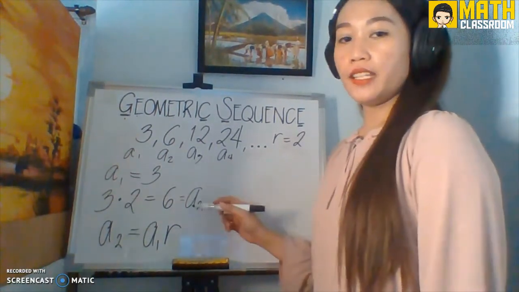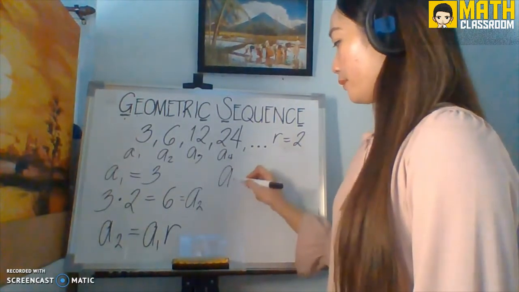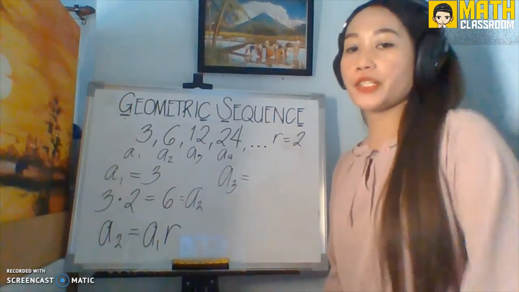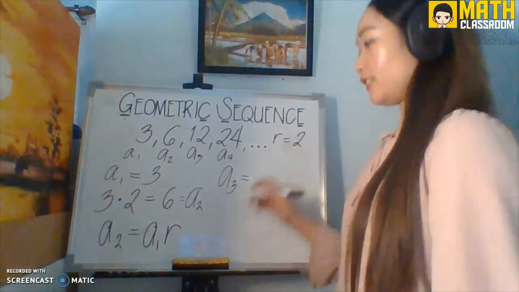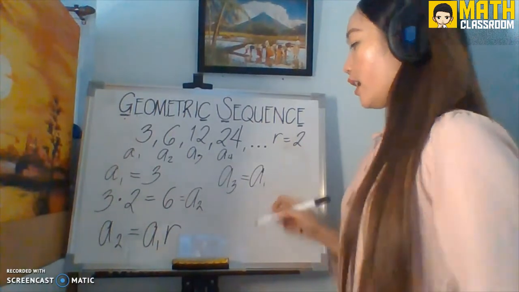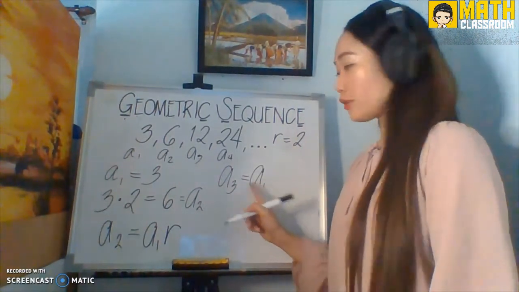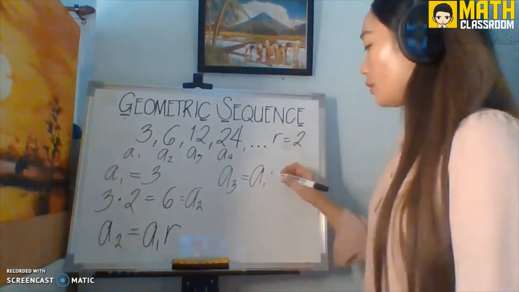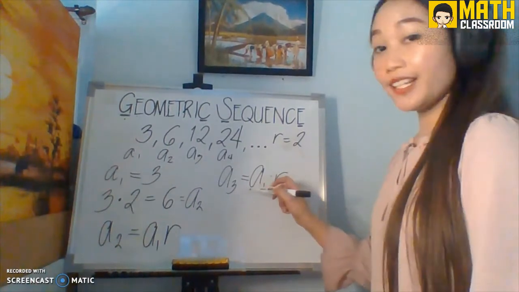How about finding the formula for the third term, a sub 3? If we are going to use a sub 1 as our base term, what do you think will be the formula? What are you going to multiply to a sub 1 to get a sub 3? Let's say we multiply it by the common ratio r. So let's check.